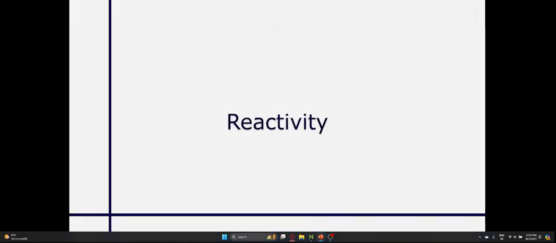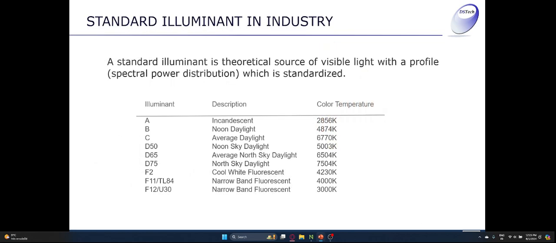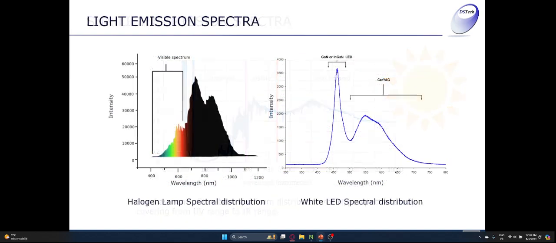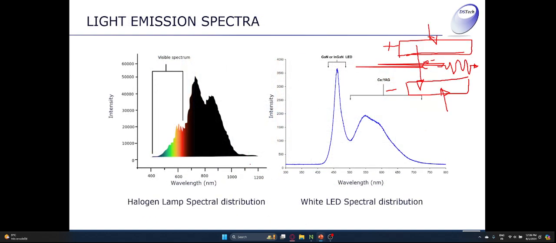Let me turn back to the light source. Let's say your molecule is, yeah, it's just not a good example, I think. I'll just go back here. So you see, for example, this is a halogen lamp, and after 1200 nanometers the distribution is not going very well.